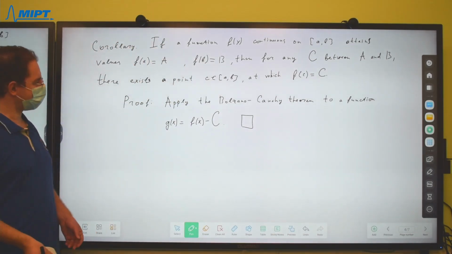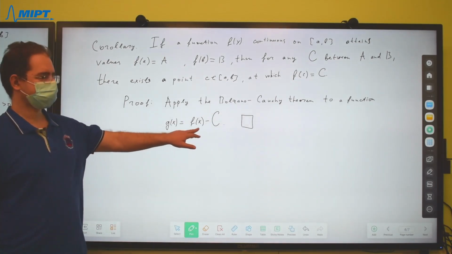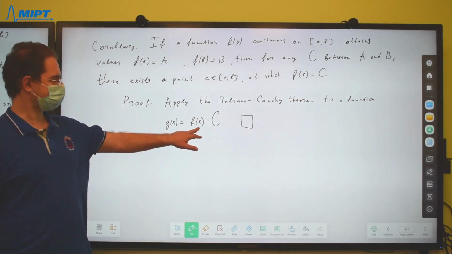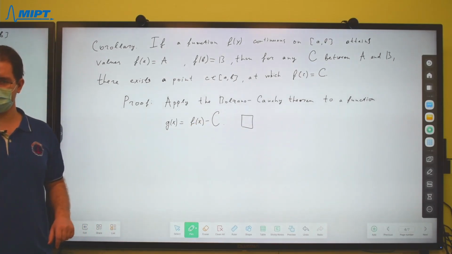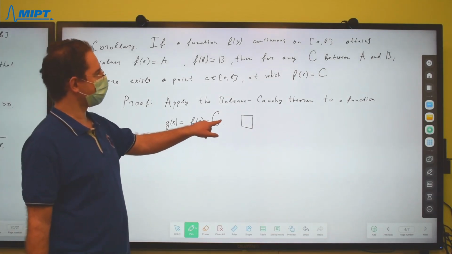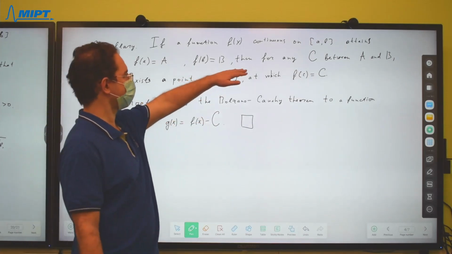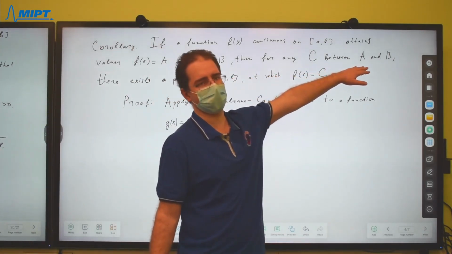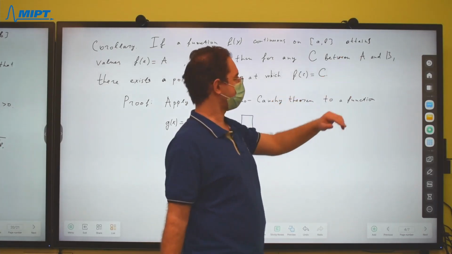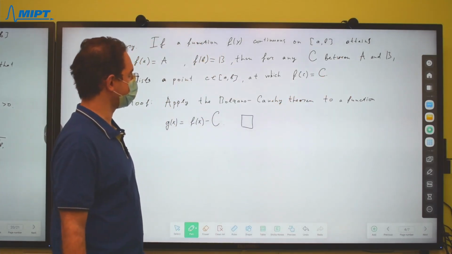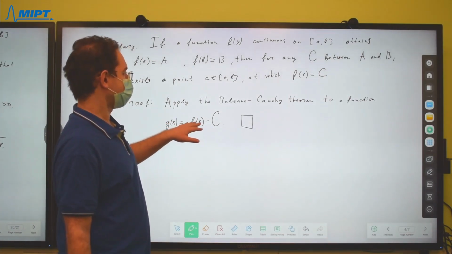To expand on this a bit, since function f was continuous, this new function is also continuous. Since C was between A and B, this construction means I don't care whether A is greater than B or the other way around, but one of them is greater and C is in between them.